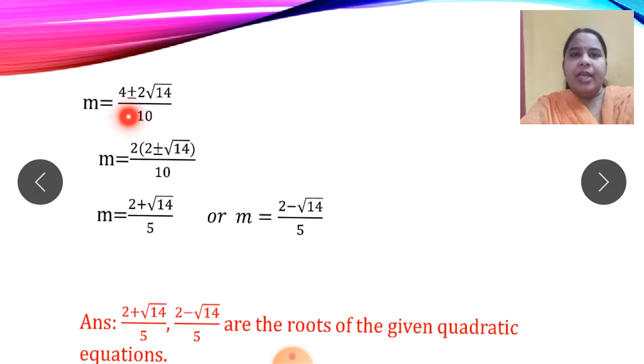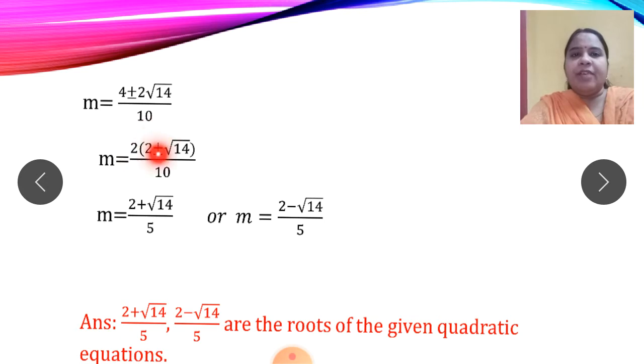So see, m is equal to 4 plus or minus 2 root 14 upon 10. Okay. After this also, many will immediately start cancelling, 2 1s are and 2 5s are. Absolutely wrong. When you have two terms like this in the numerator, try to take common first. See, from 4 and 2 I am taking 2 common.